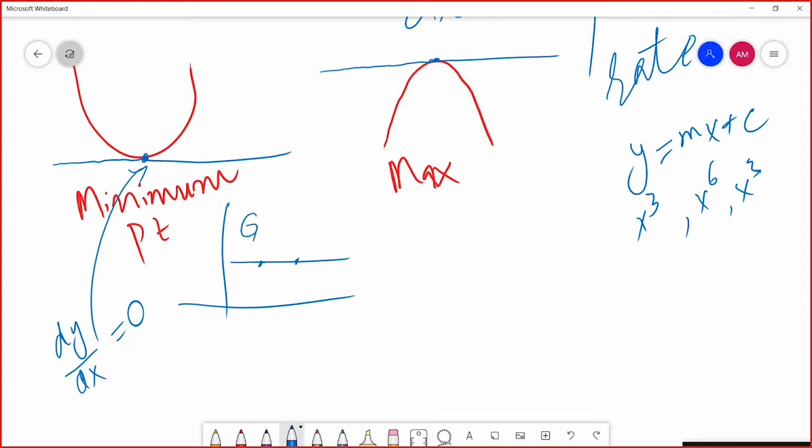So here y2 and y1 are the same, so y2 minus y1 over x2 minus x1 is 0. Do you understand this?